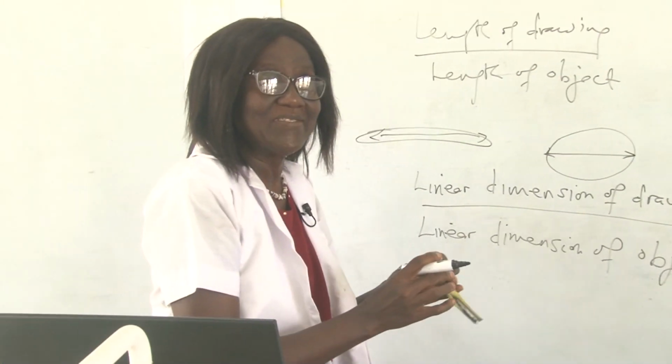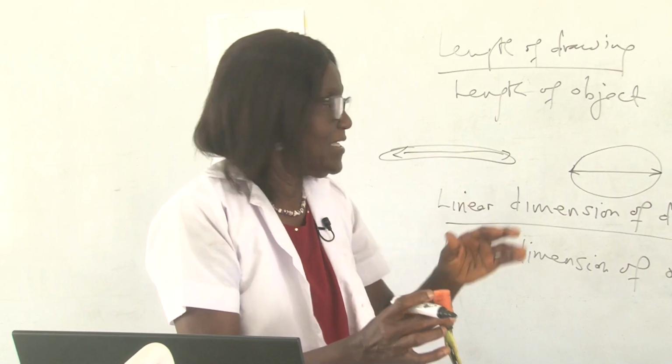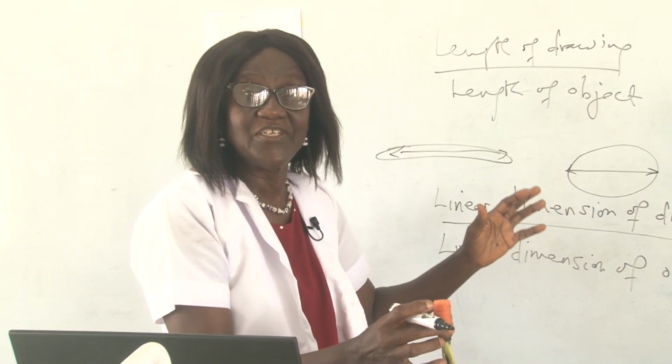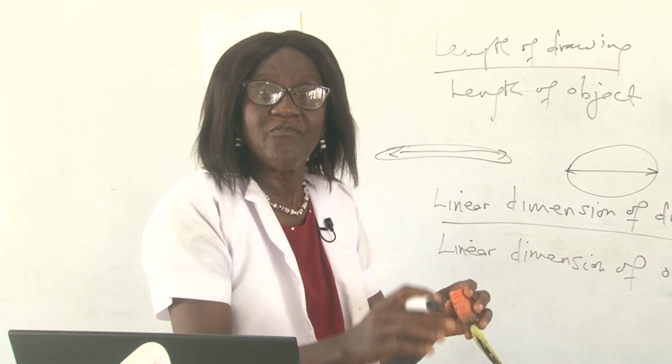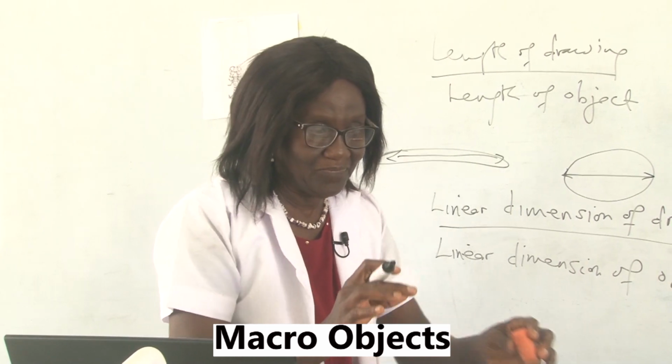So you talk about, whether you talk about the width, whether you talk about what is the linear dimension. So that is magnification of your drawing of large objects, macro objects we call it.